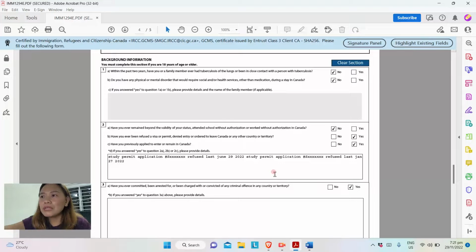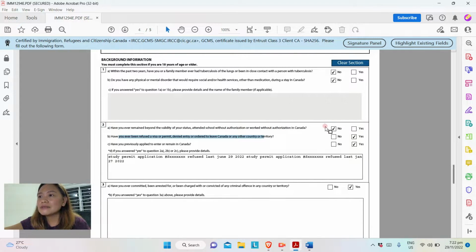Okay, again, I would like to reiterate this part, the number 2 question. If you fail to declare your previous refusal, for some people this is automatically refused again. I have seen people who forgot.